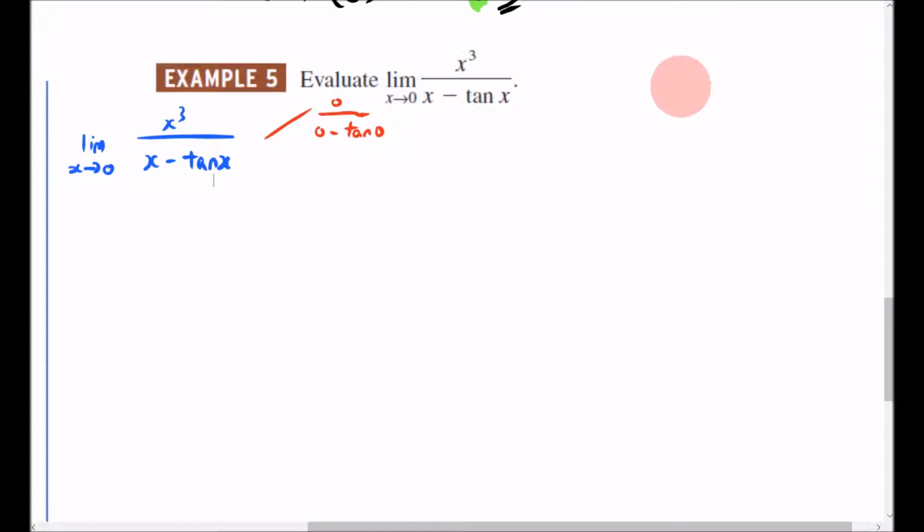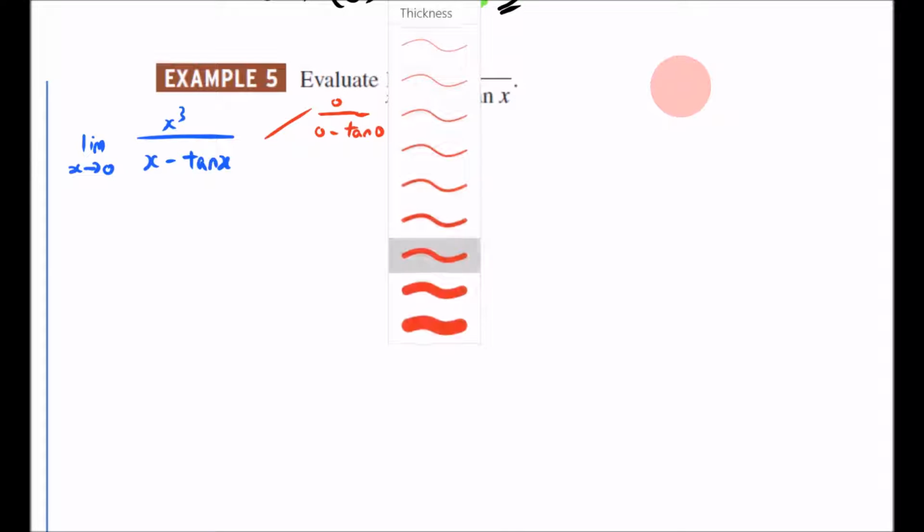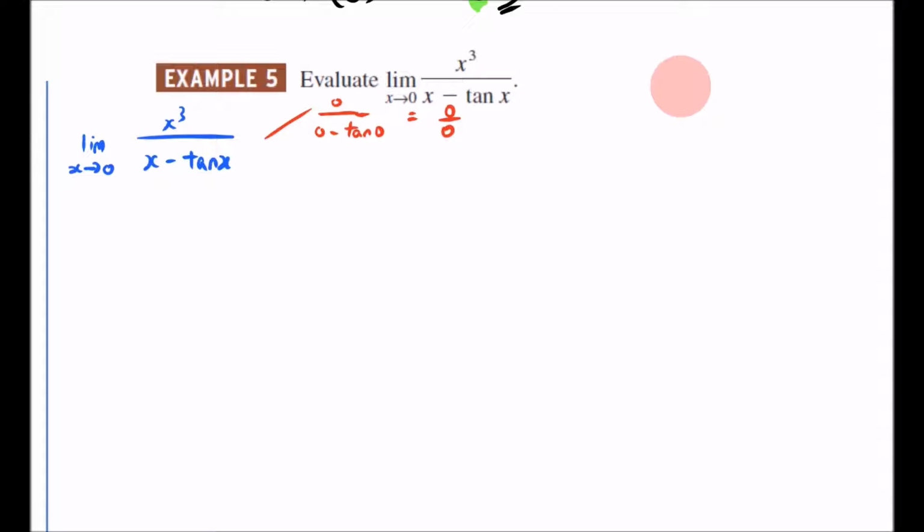So you get 0 over 0, okay, which is your indeterminate form, right? So no choice, you have to use L'Hopital's rule. That means you need to differentiate. So you write equals limit x approaches 0, 3x squared, correct, over, now tangent differentiate, you get secant squared.